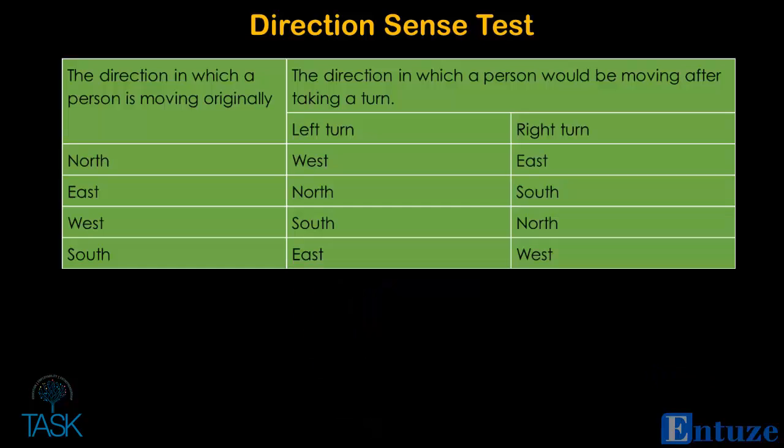The following chart indicates the direction in which a person would be moving when he or she takes a turn either towards left or towards right from the original direction.